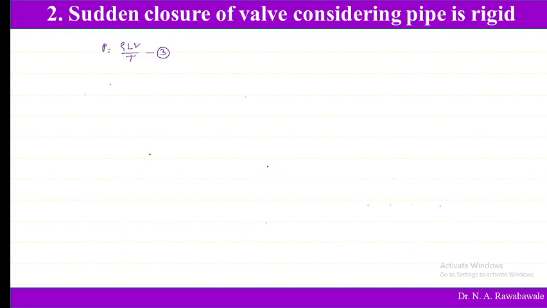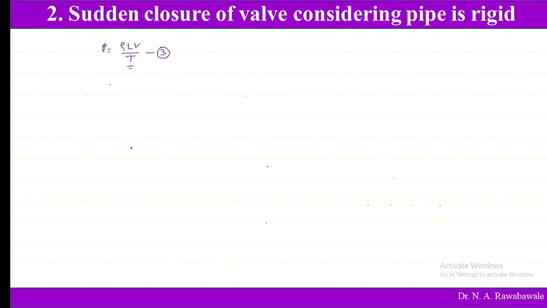For the relation between the increase of pressure due to hammer in the pipe and the time required to close the valve, say T is equal to 0. Earlier the time was not 0, but in this case the time taken to close the valve is 0. So if the denominator T becomes 0, the pressure intensity P becomes infinity. But in practice it is not going to become infinite; to some extent it is finite.